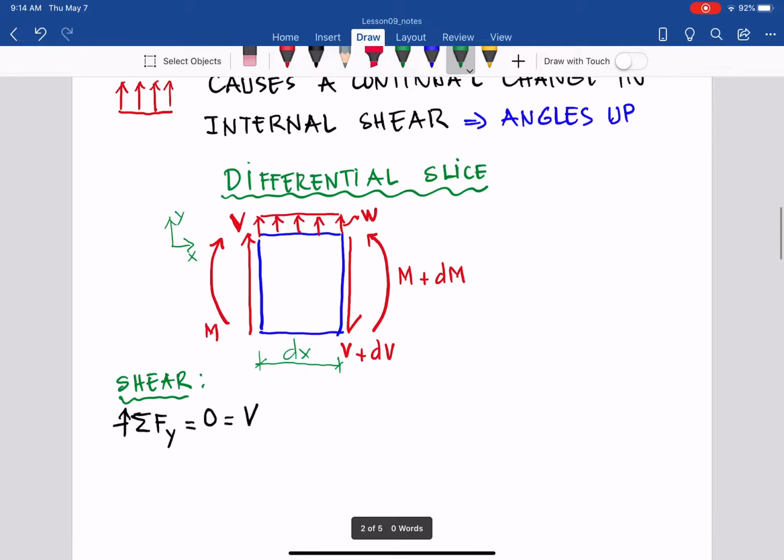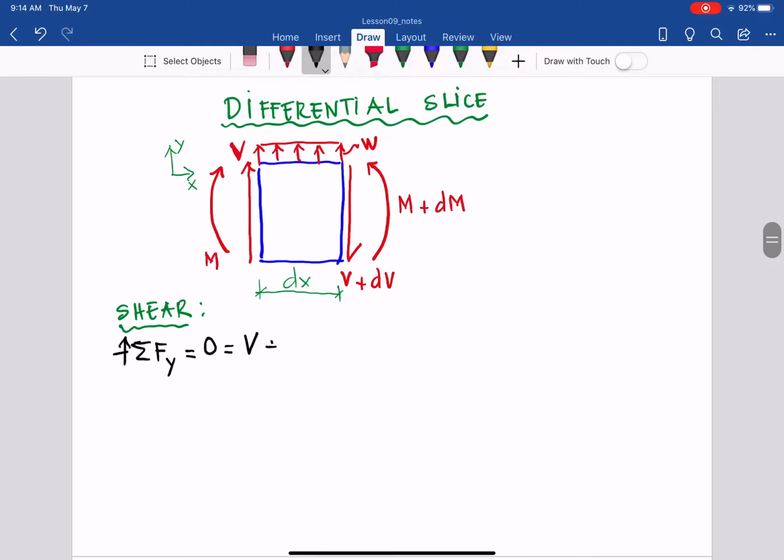So it will be plus the distributed load W times dx to get the equivalent concentrated load. And then on the right side, we have V plus dV, and in this case it's going down, so it will be negative. So we have negative V plus dV.